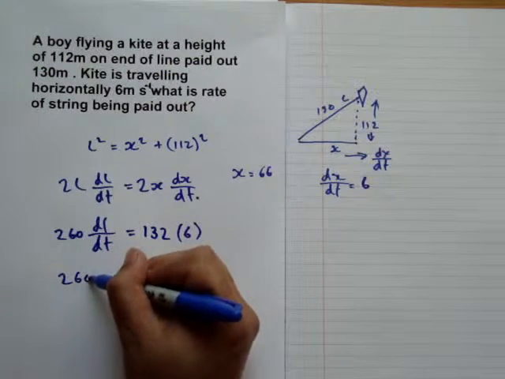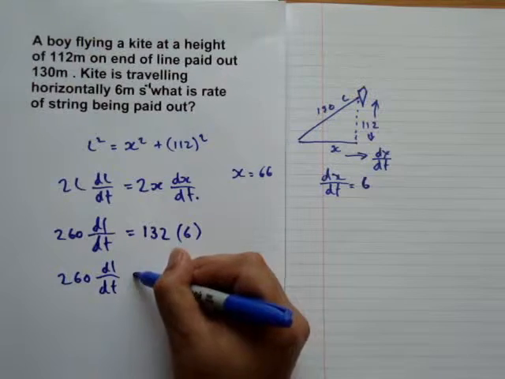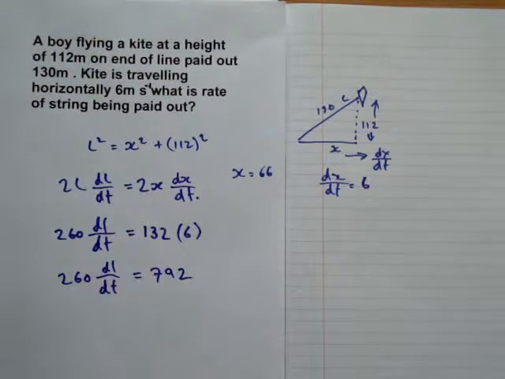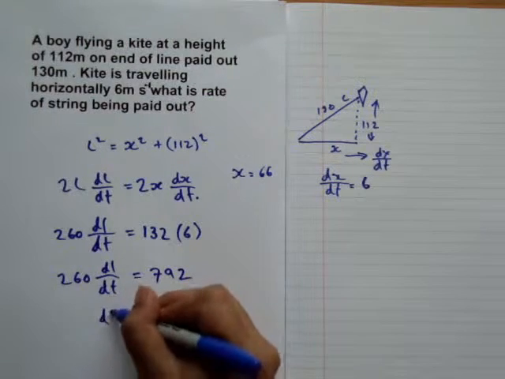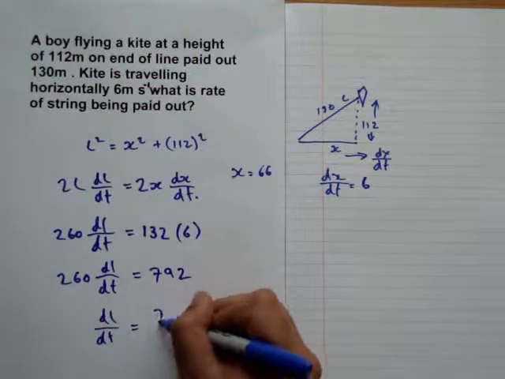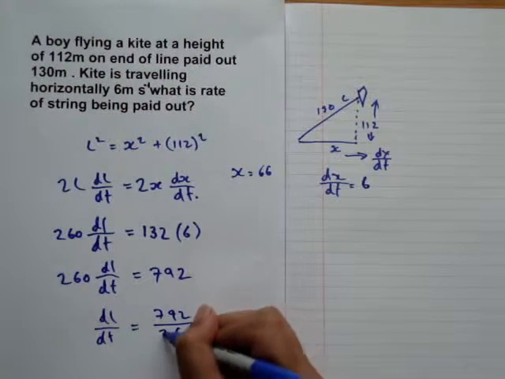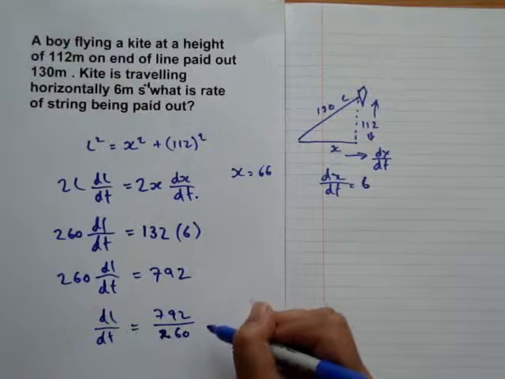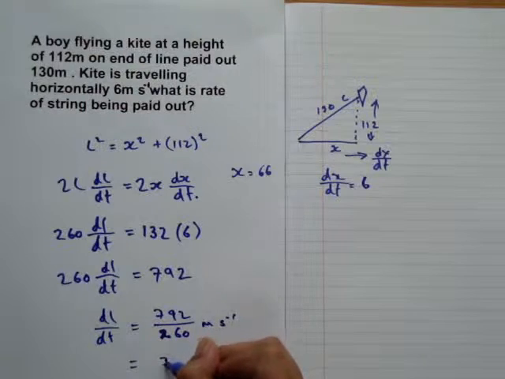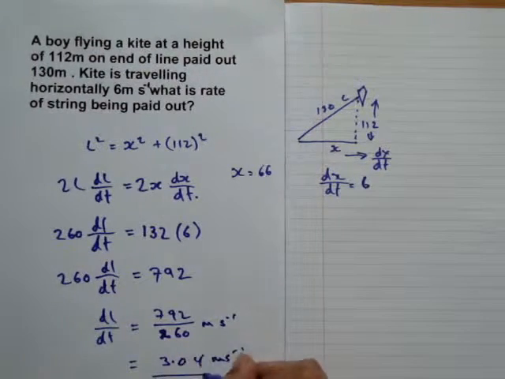So 260 dl by dt equals 792, and dl by dt is 792 over 260 meters per second, which is around about 3.04, and that is the answer.